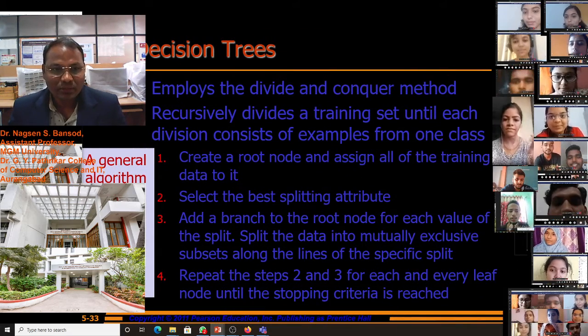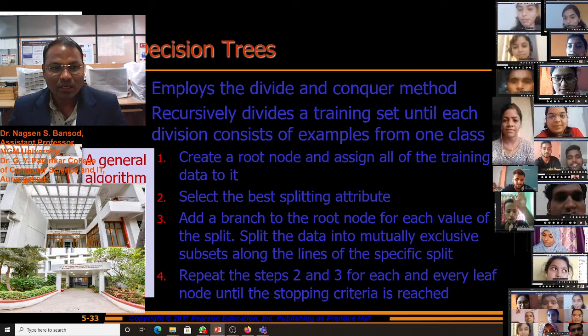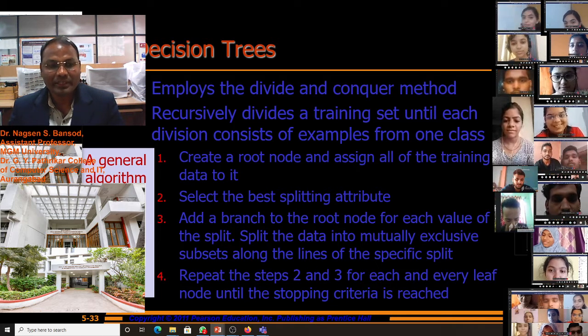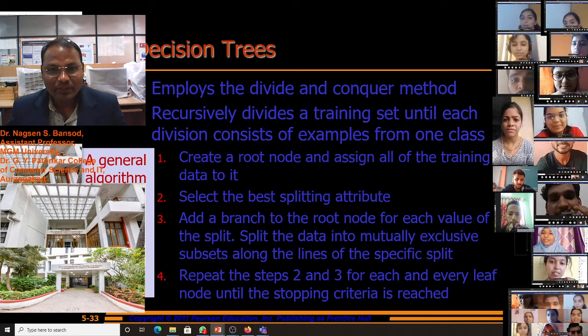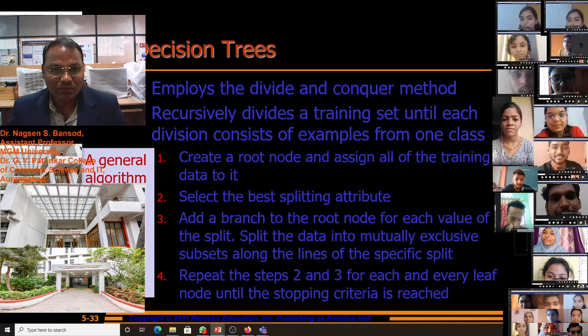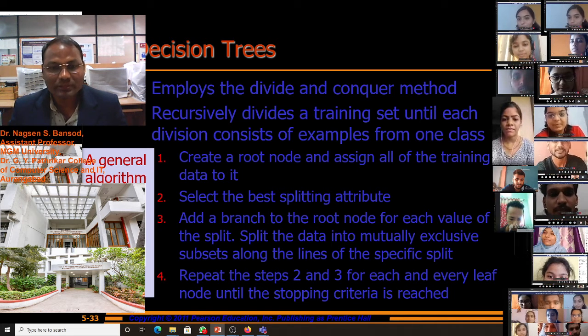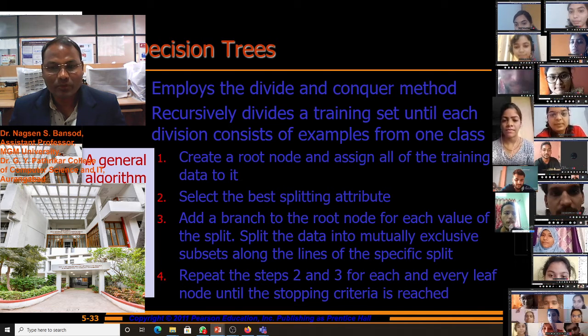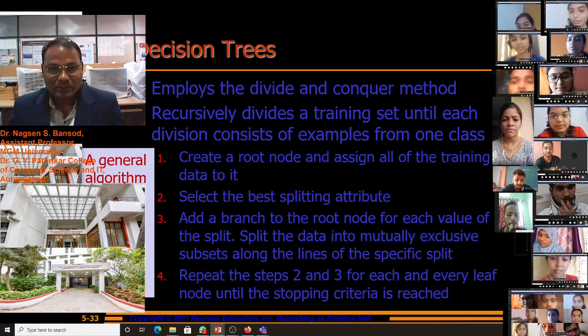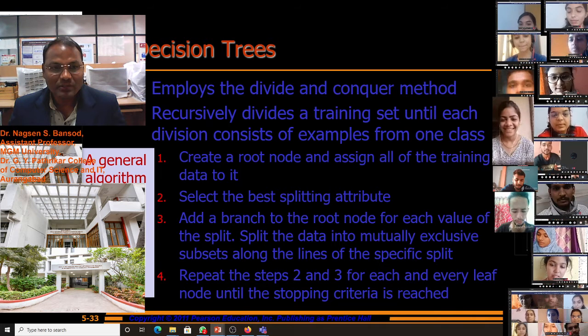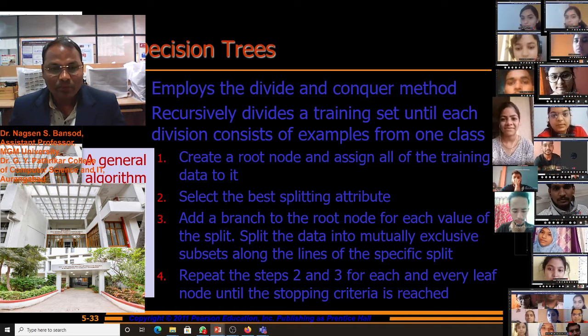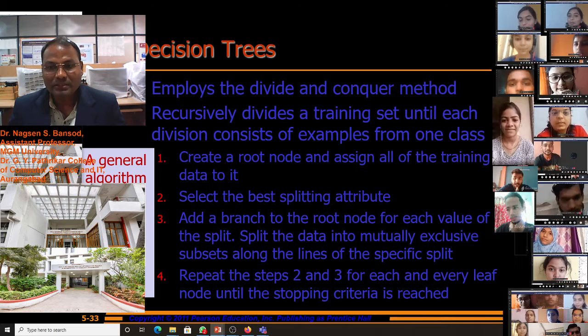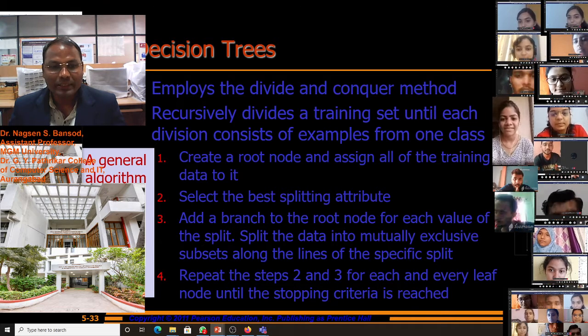A general algorithm for decision tree building employs the divide and conquer method. It recursively divides a training set until each division consists of examples from one class. The first step is to create a root node and assign all the training data to it.